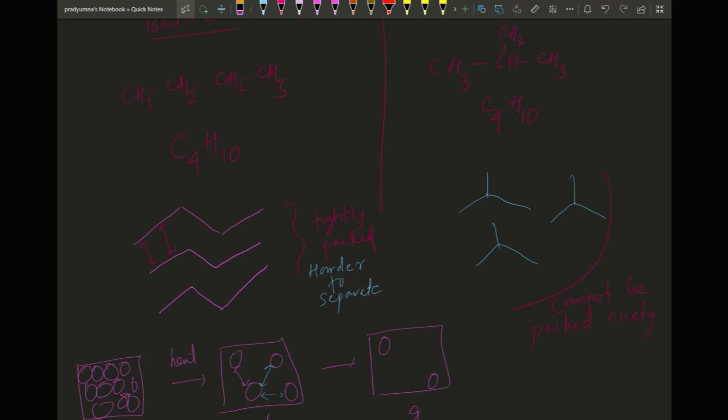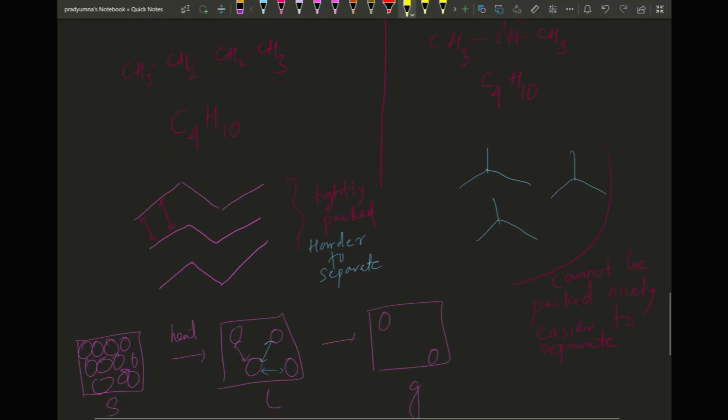If it cannot be packed nicely, it's easier to separate.